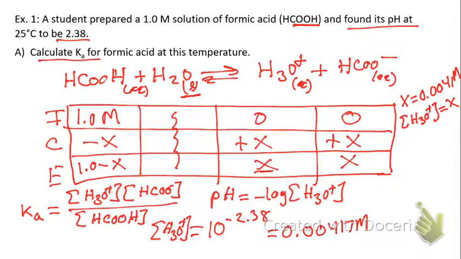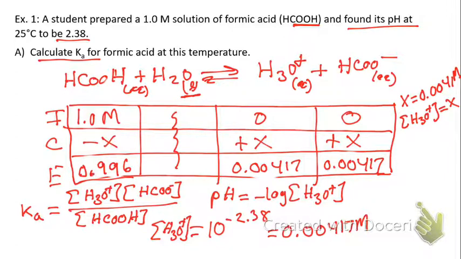Now we know what X is, and so we can plug X into our table here. This is going to be 0.00417, and this is 0.00417, and then if we take 1 minus our X value, we end up getting 0.996 molar.